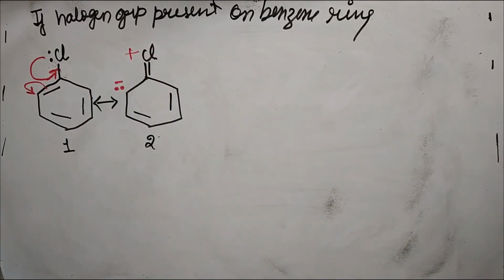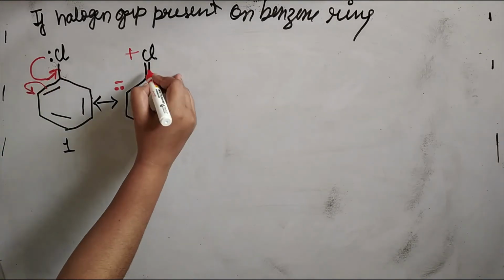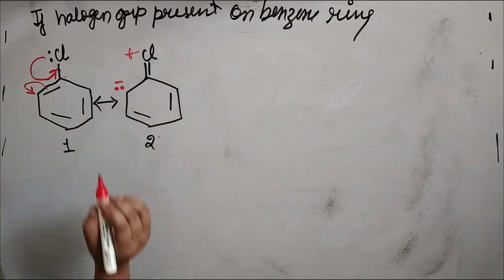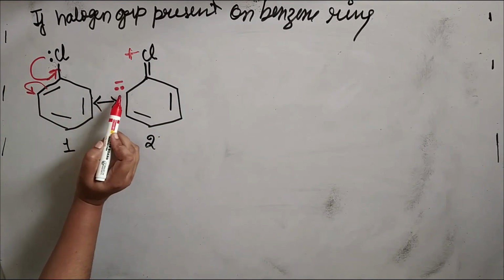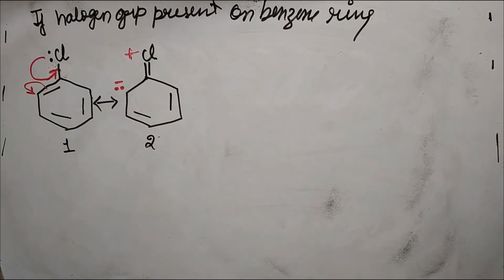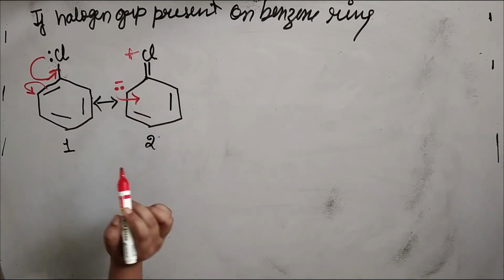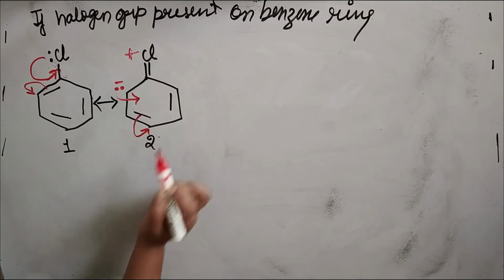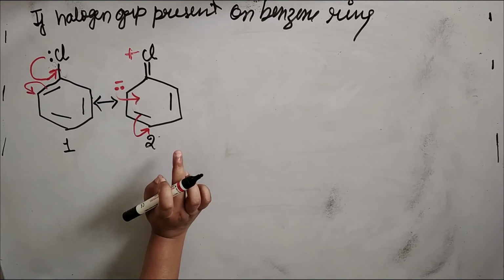So this is structure 2, where you can see the lone pair of electrons from the p orbital will move here and this chlorine will acquire a partial positive charge, and this bond will break and go to the ortho position. So at the ortho position a negative charge will appear. So this is the second structure. Now again, due to resonance, these electrons will move inside the ring and this bond will go, this electron will go to the para position.